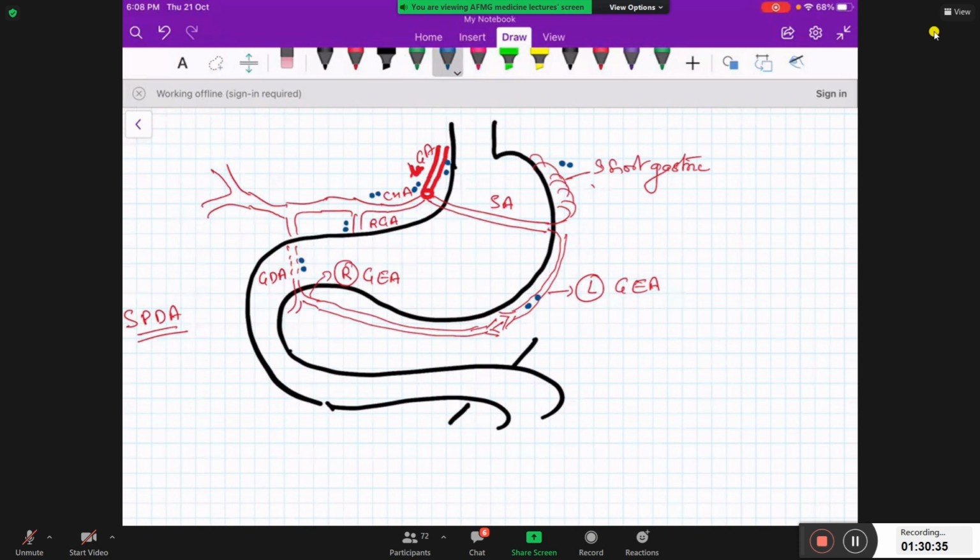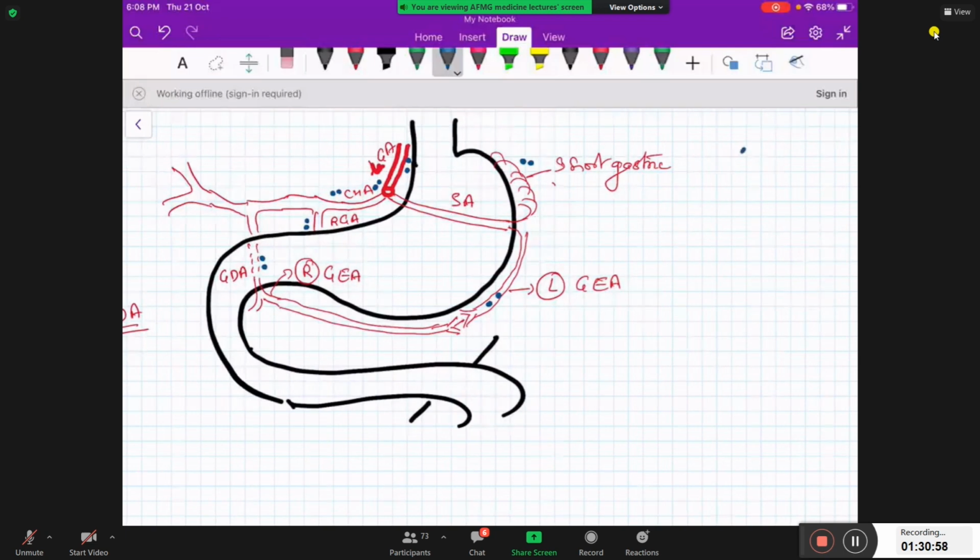All these lymph nodes, short gastric node, left gastric node, right gastric node, gastroepiploic node, were given certain numbers, right? We just don't need to know which lymph node got what number. We just need to know that these numbers are called stations.